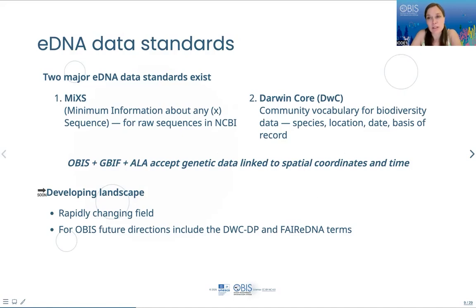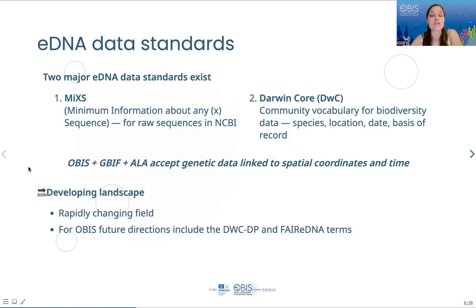And what we really do with OBIS and GBIF is link that genetic data information, or information derived from genetic data, to spatial coordinates in time, and also make links to what we already know from traditional or existing biodiversity observations.